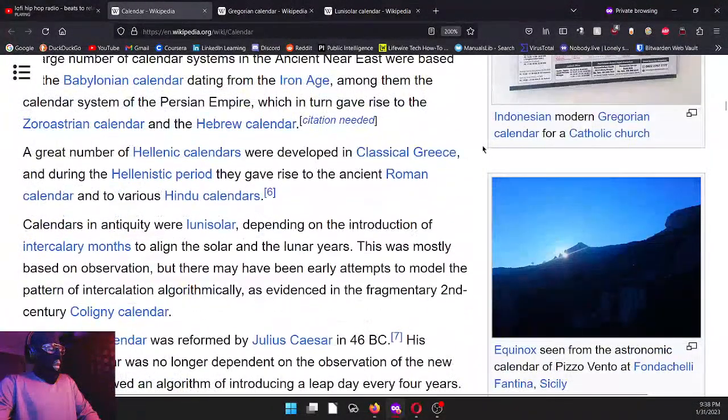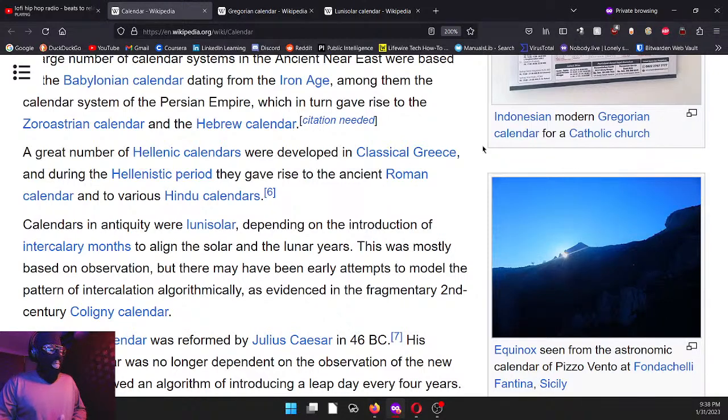Okay. A great number of Hellenistic calendars were developed in classical Greece, and during the Hellenistic period, they gave rise to the ancient Roman calendar and to various Hindu calendars. Calendars in antiquity were lunisolar, depending on the introduction of intercalary months to align the solar and the lunar years.